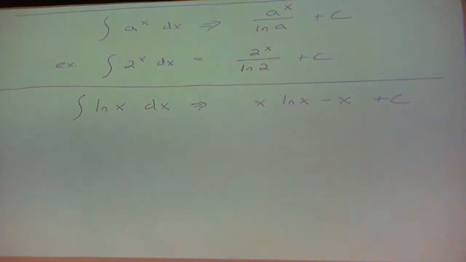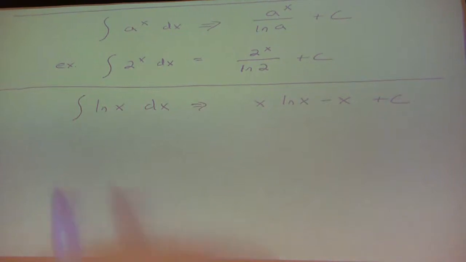Now again, that's kind of long, but if it looks like integral of ln of x dx, that's what you get, x ln of x minus x plus c. And why does it work? If you took the derivative of this, you would get the original back.